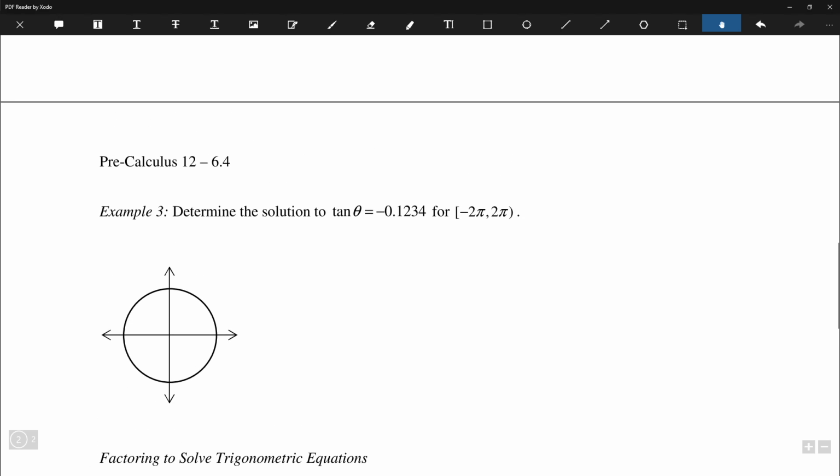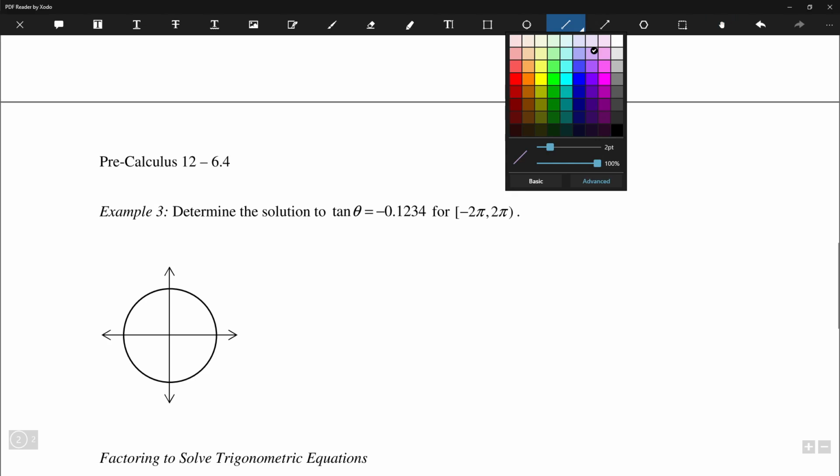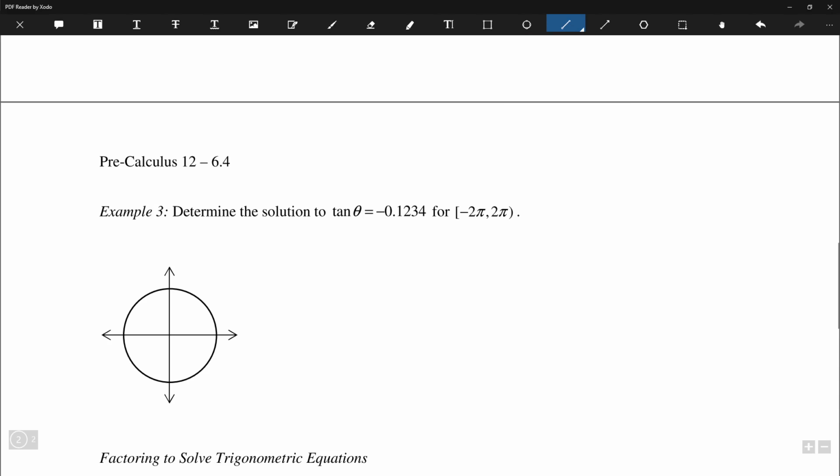Right, so in this case, tangent theta is equal to a decimal approximation, -0.1234. And we're looking for theta in the domain from -2 pi to +2 pi. So if we look at the diagram for this, first of all, tangent theta is negative in quadrants 2 or 4, so it's going to look like this.